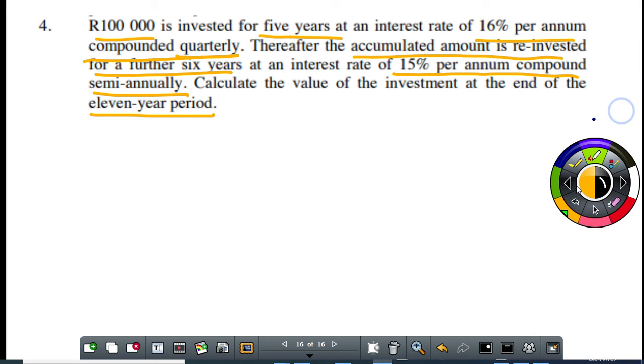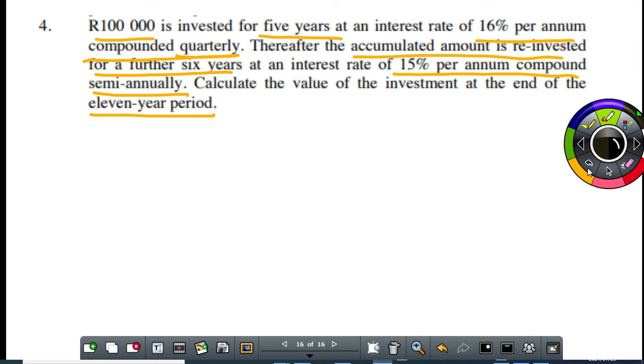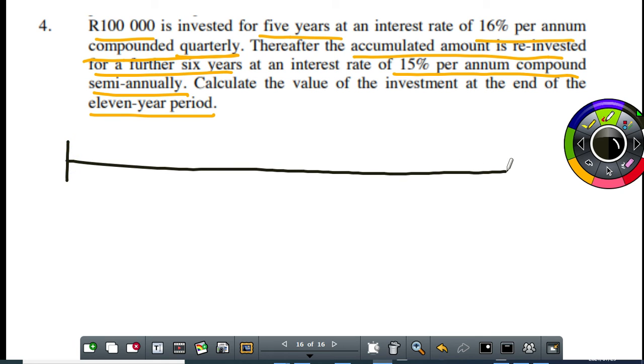Now this question, we may need to draw what's called a timeline to illustrate what's happening because of a change in interest rates. The interest rate has changed, the compounding period has also changed. Because of that, we need to have a better picture of what's going on. So, draw like a number line. A timeline is like a number line.